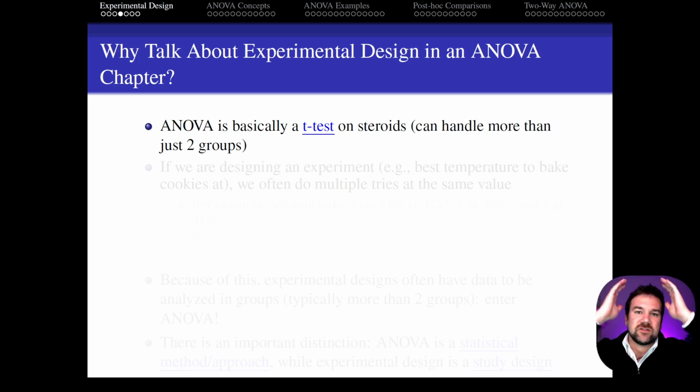So ANOVA is just like a t-test. And in our ANOVA, we're essentially going to compare groups to one another. We're going to have multiple groups. So with a t-test, I could compare two groups, say males and females, or airline A to airline U, I think was one of our examples. In an ANOVA, I can compare more than just two groups.